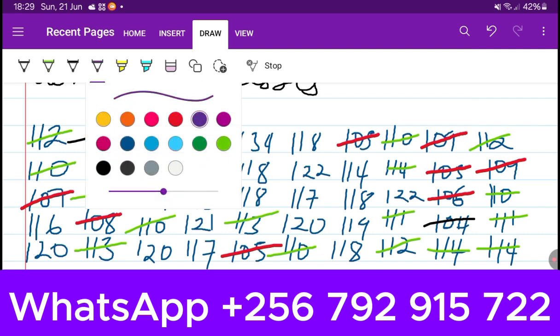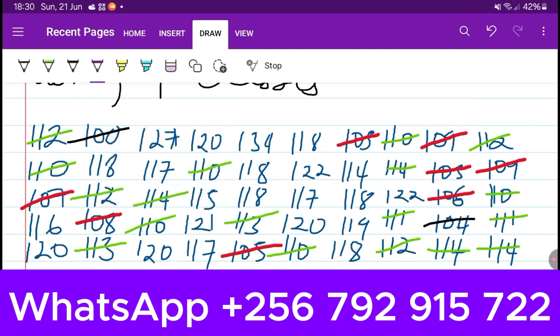So we pick another color, maybe this. Now we are going to 115 to 119. This is 116, 118. This is 117. This is 115.